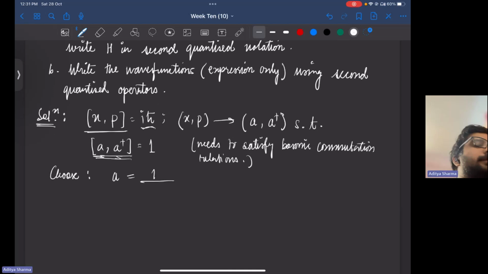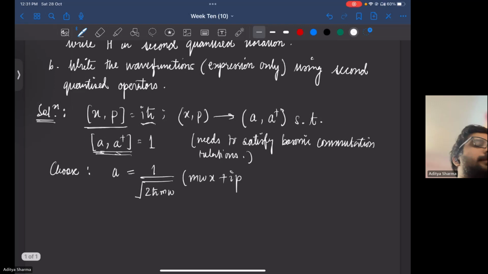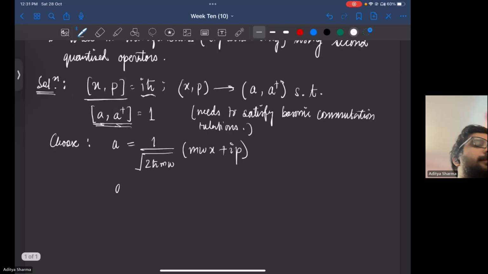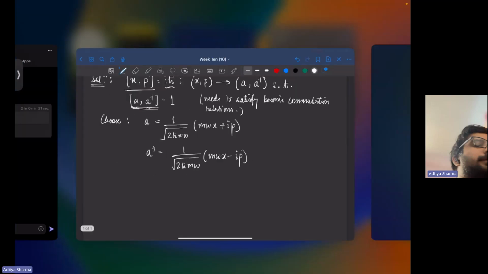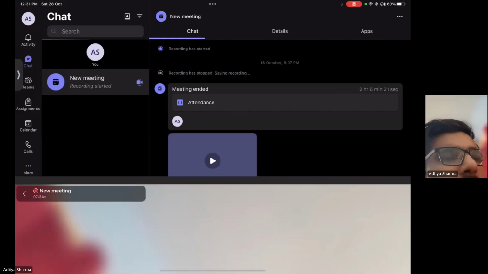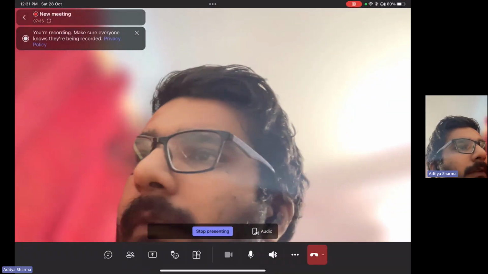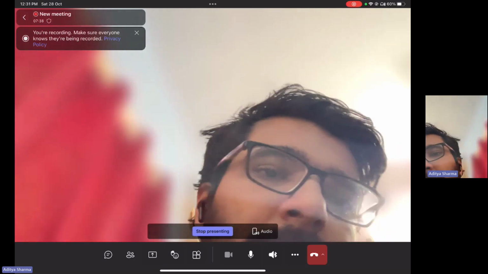So write a as, a dagger as... I just want to check if it is recording or not. Okay, it is.